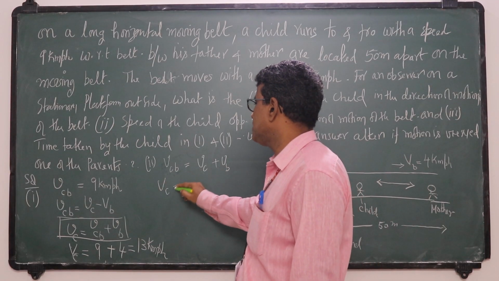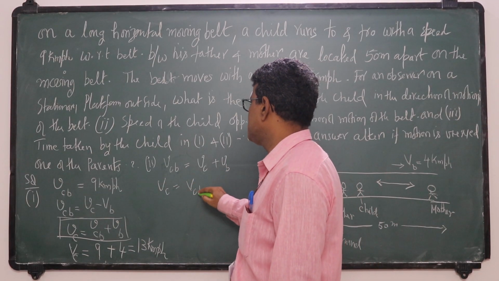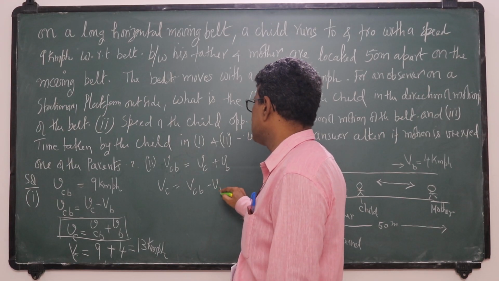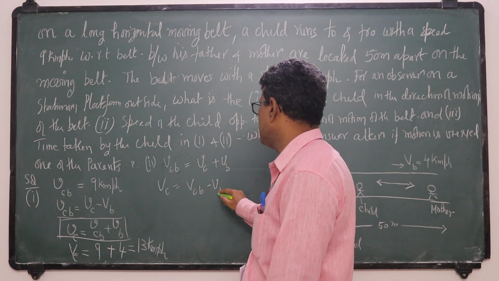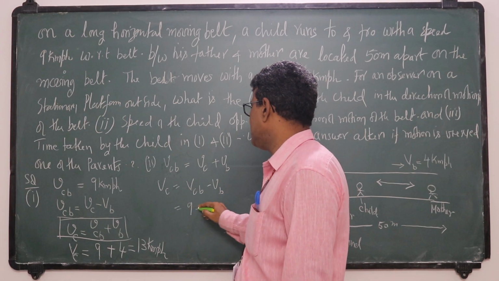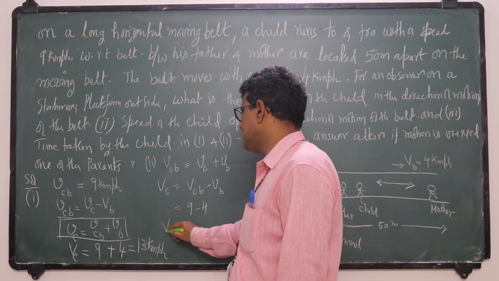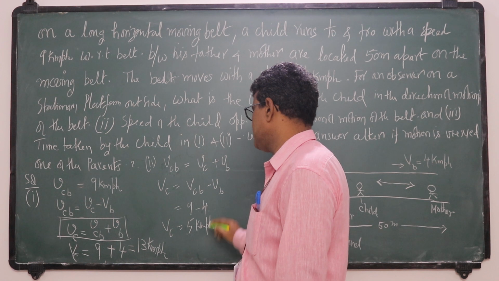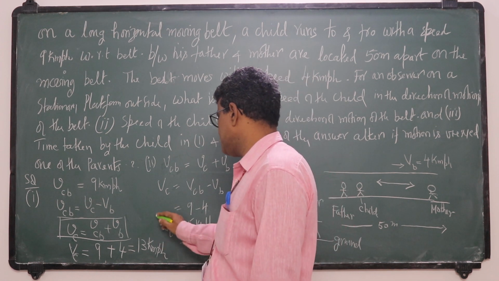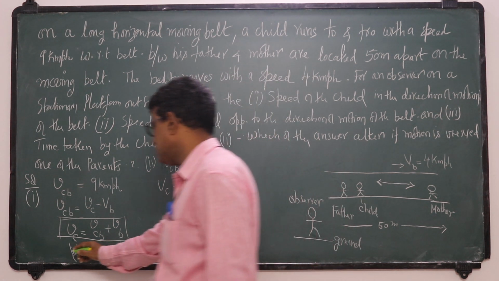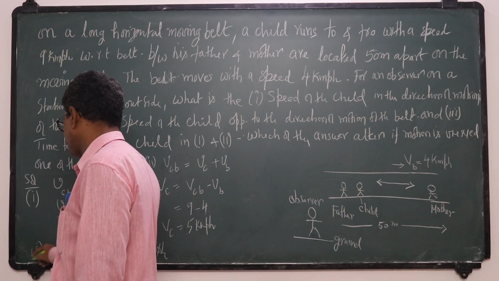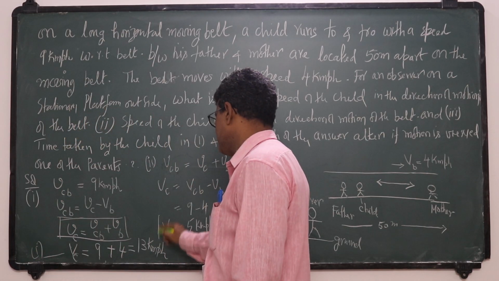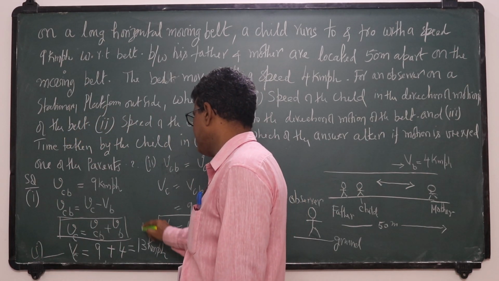I want velocity of the child: velocity of the child with respect to belt minus velocity of the belt. So that is 9 minus 4, that is 5 kmph. This is the answer for the first one, and this is the answer for the second one.